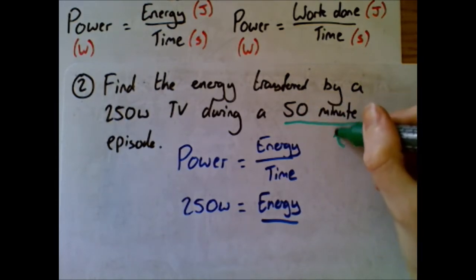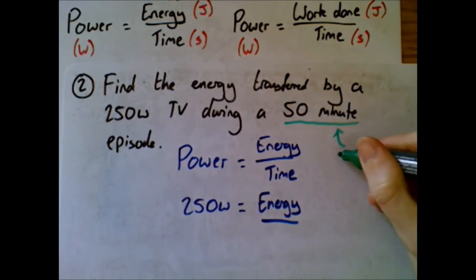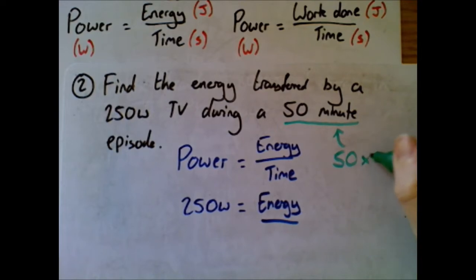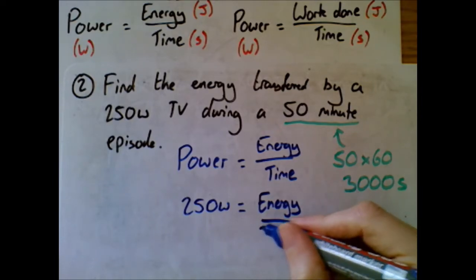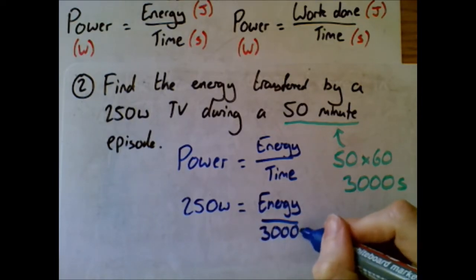We need our time to be in seconds, remember. So to get that into seconds, 50 times 60, which is 3,000 seconds. So we know that our time is not going to be 50, it's going to be 3,000 because it's got to be in seconds. And so we're going to put that in down here, 3,000 seconds.